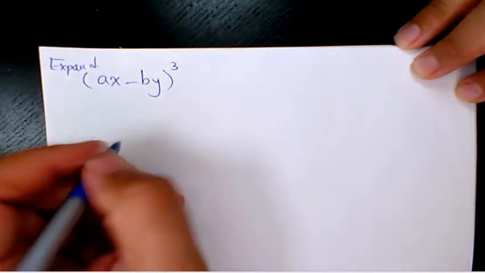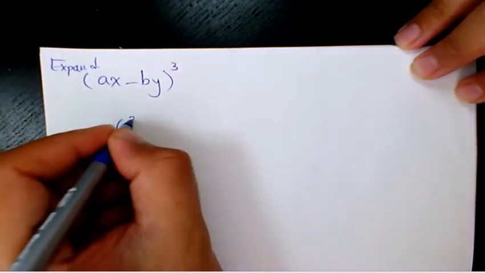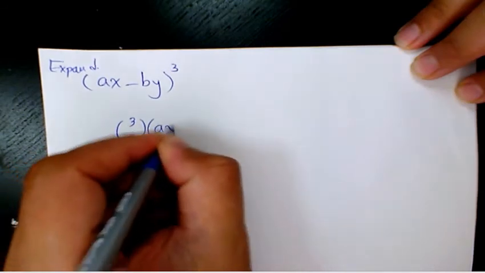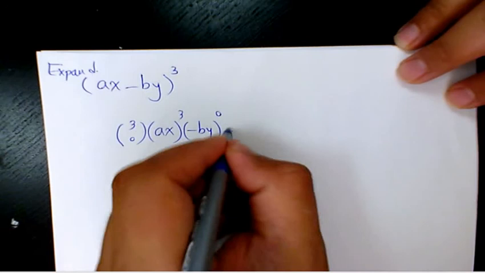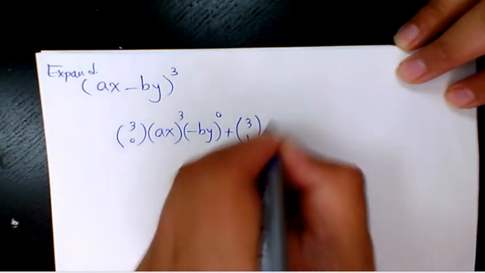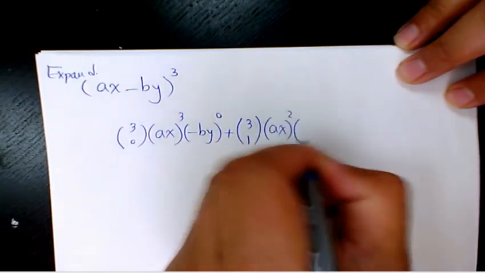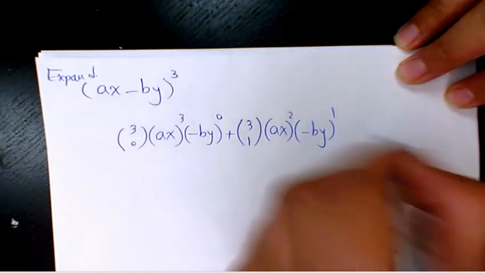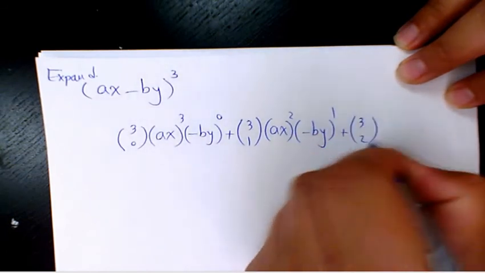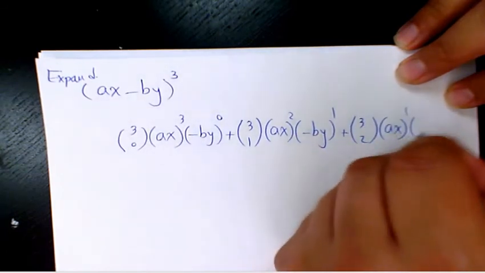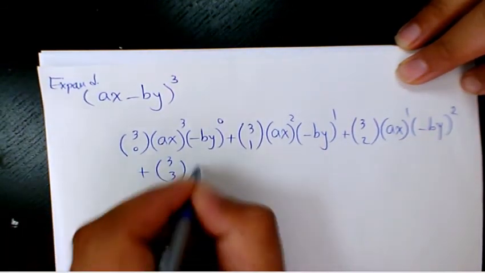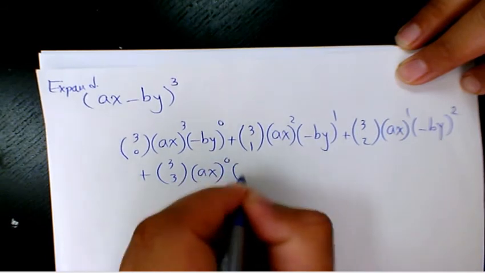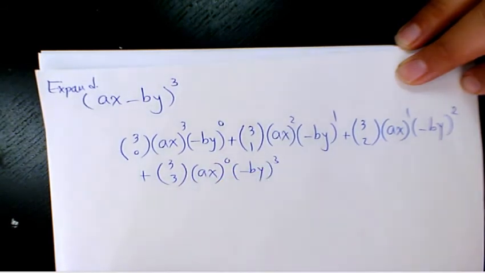So this one is going to be 3 choose 0 (ax) to the power of 3 (negative by) to the power of 0, plus 3 choose 1 (ax) to the power of 2 (negative by) to the power of 1, plus 3 choose 2 (ax) to the power of 1 (negative by) to the power of 2, plus 3 choose 3 (ax) to the power of 0 (negative by) to the power of 3.